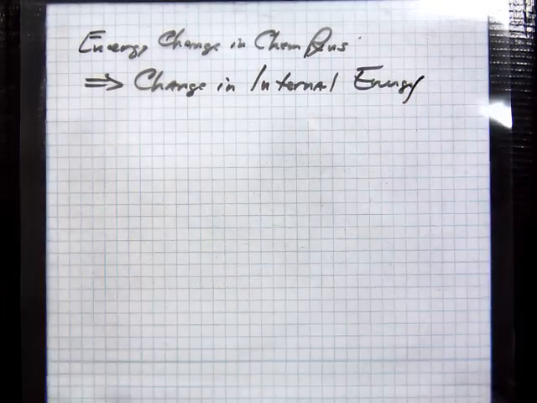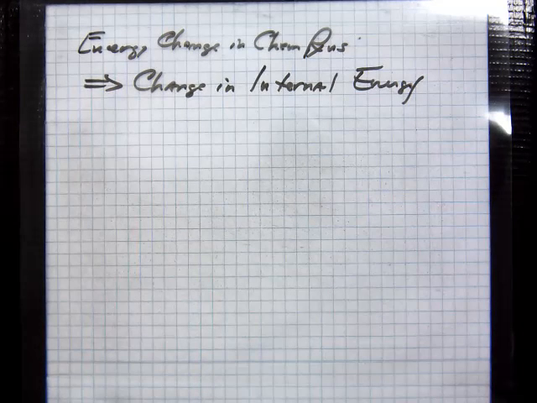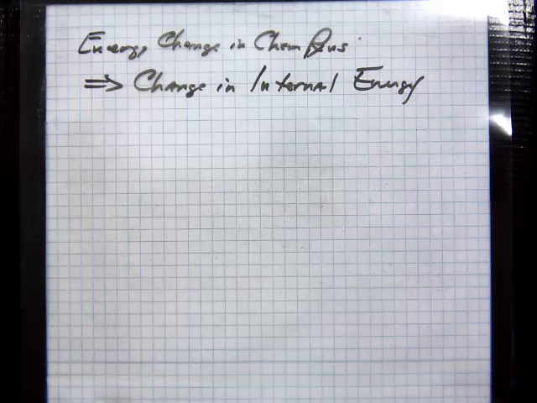So when we talk about energy change in a chemical reaction, we're talking about energy change of the internal energy kind or type. There are three kinds of energy in this world that we're working in. Potential energy, kinetic energy, and internal energy. Potential energy is stored energy. We will use that in a context.